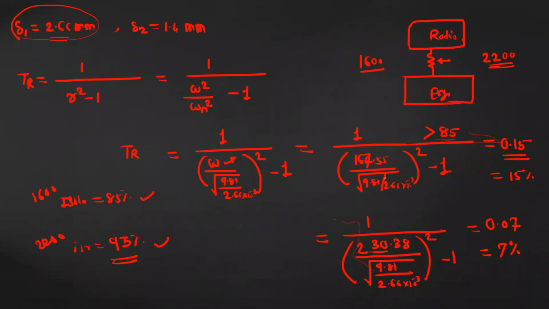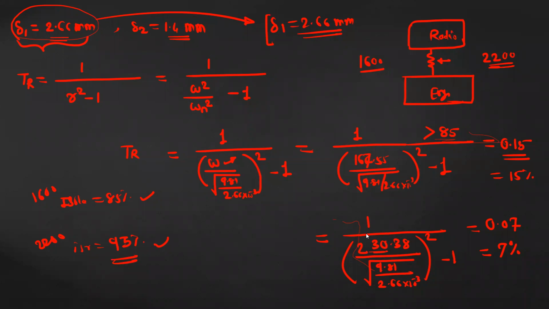So we can use this spring that is having the static deflection of 2.66. No need to check the second spring. Okay. So we can select this spring that is having the static deflection of 2.66 millimeter. In the problem, it is not asked to find out the stiffness. So just select the static deflection as delta 1.